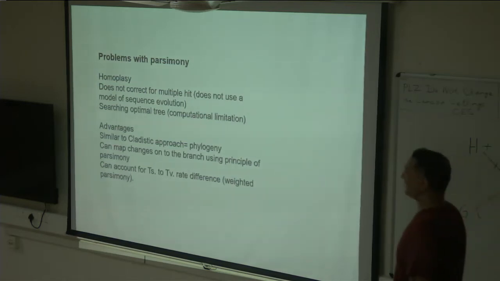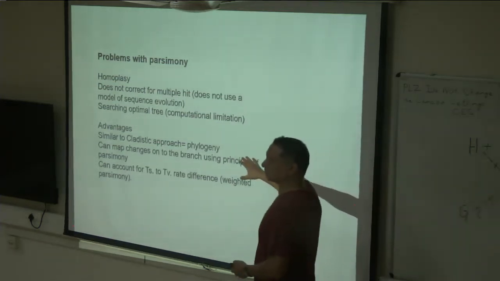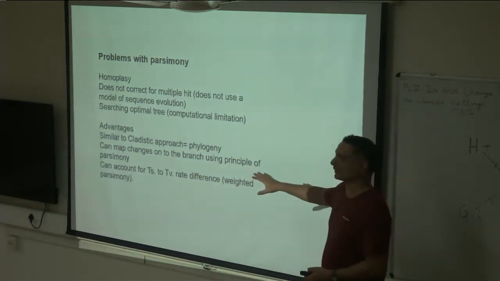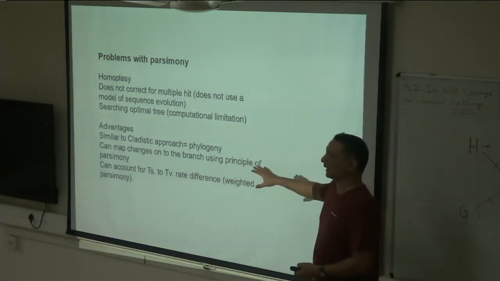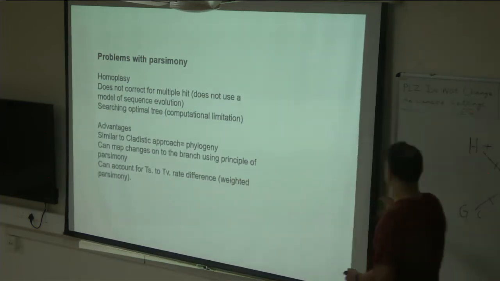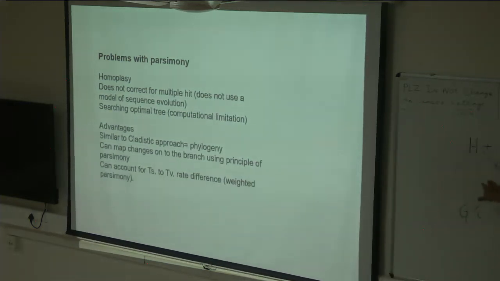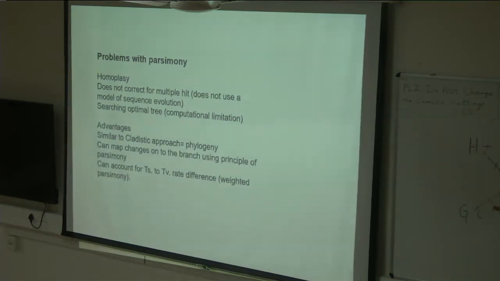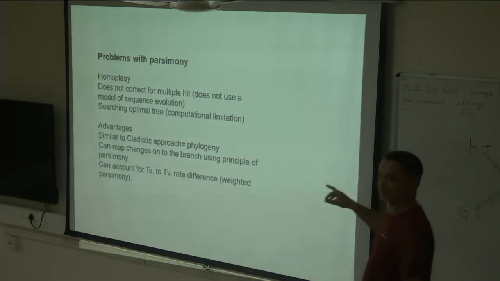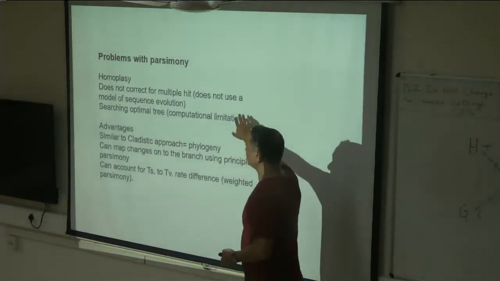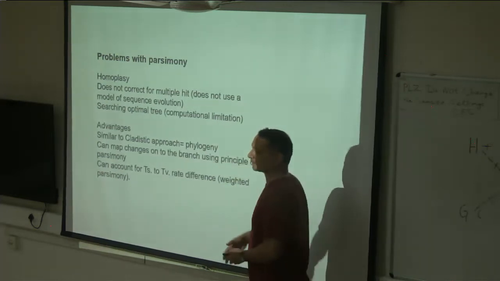But yesterday we discussed nucleotide substitution models, where we discussed the issue of multiple hits. So this might have gone from C to something else and then to a T. That is not taken into account in case of parsimony, right? So that's the disadvantage of parsimony.